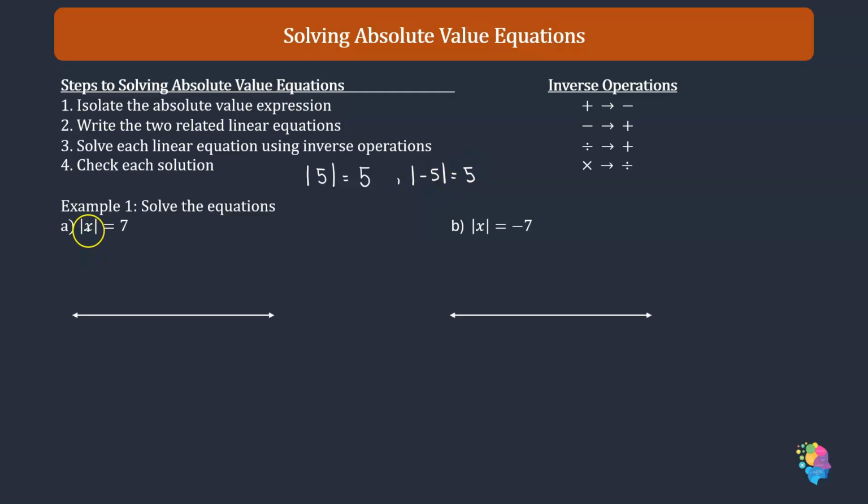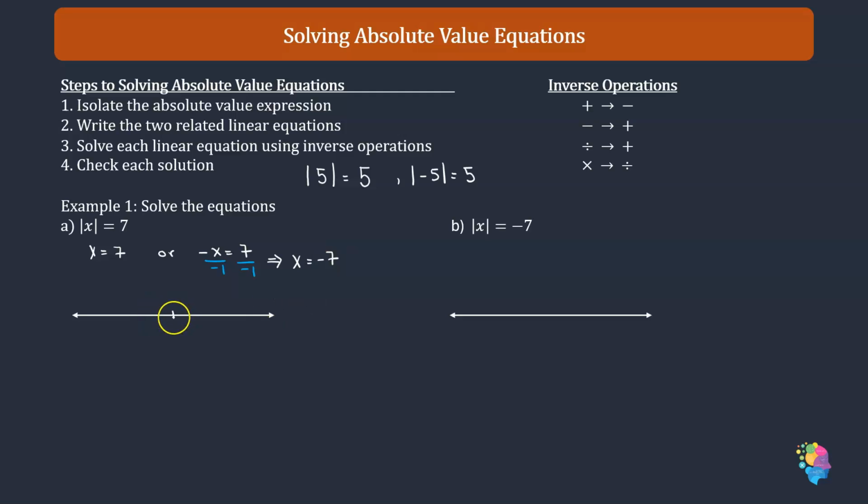So that means for us that either x is equal to 7 or -x is equal to 7. So the first one, the equation is already solved. But for this one, I have that negative in front of the x, so we can divide by -1 both sides, and that means that x is equal to -7. So we have two solutions.